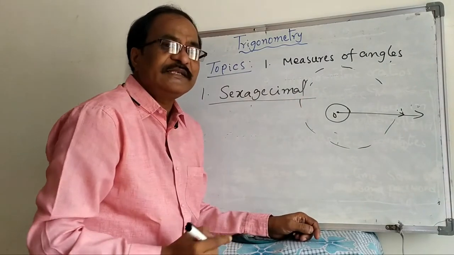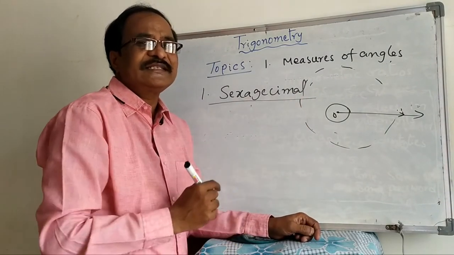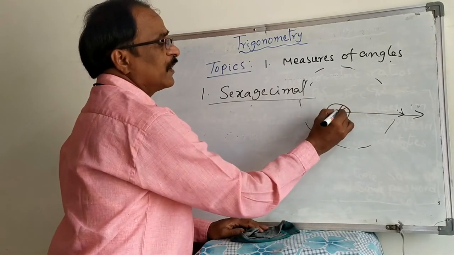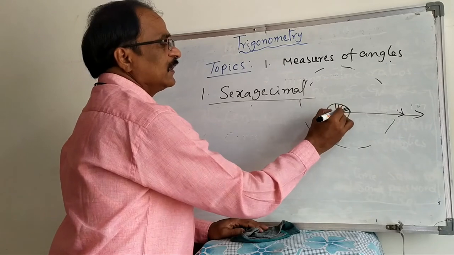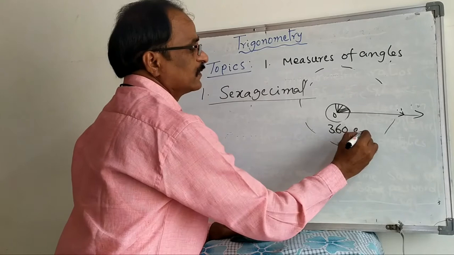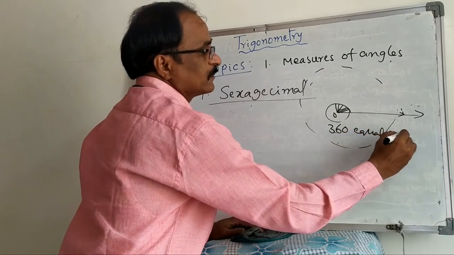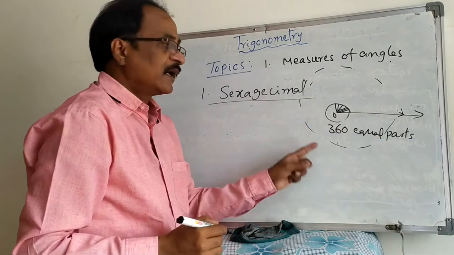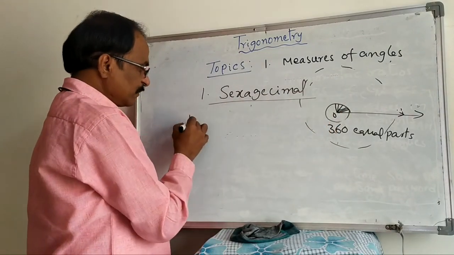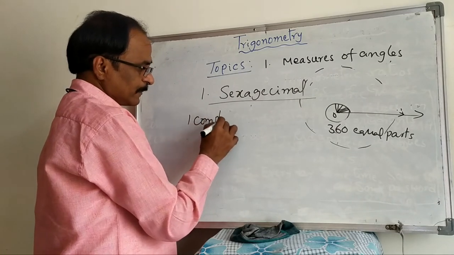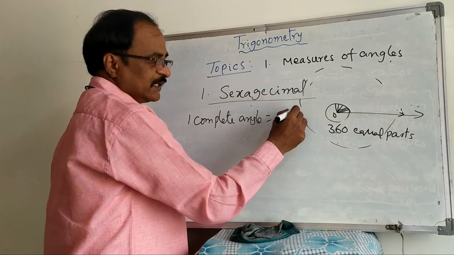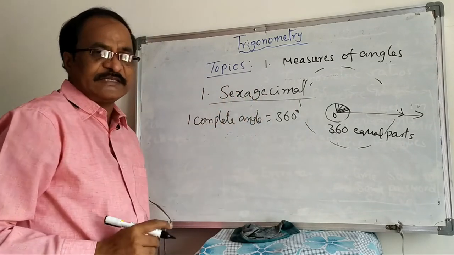The complete angle is divided into 360 equal parts in sexagesimal measure. Each part is called 1 degree. So one complete angle is equal to 360 degrees.